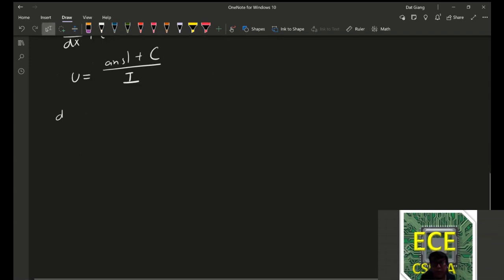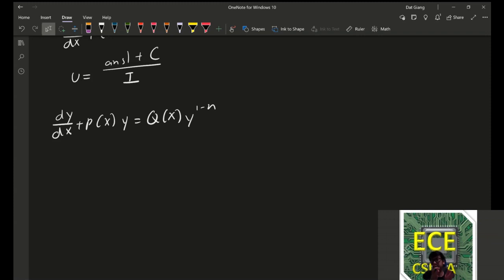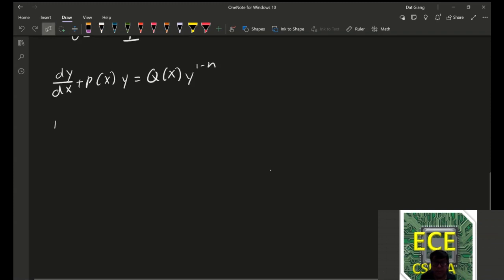So now I will enumerate the steps in order to approach this problem. Given this form, first things first, check that it's in this form. If it isn't, make it into this form. Step 1: let u equal y to the 1 minus n.